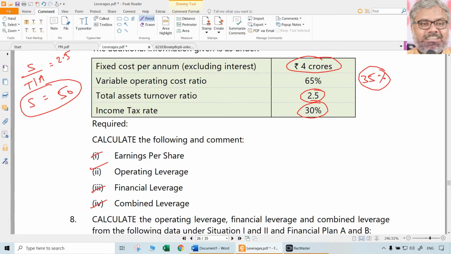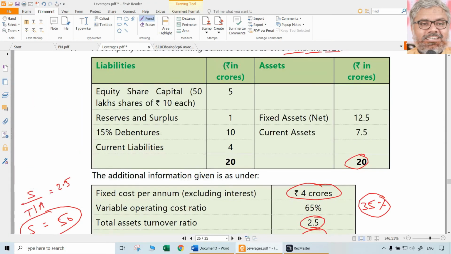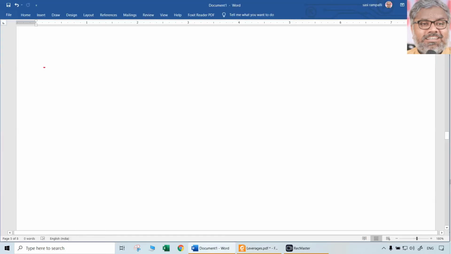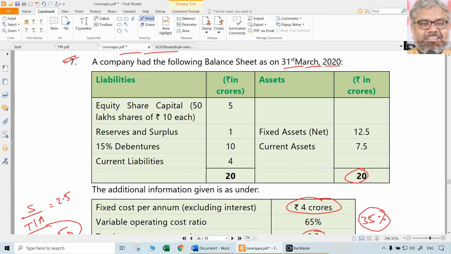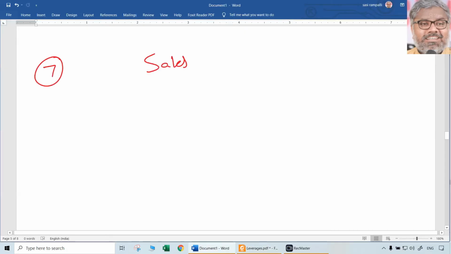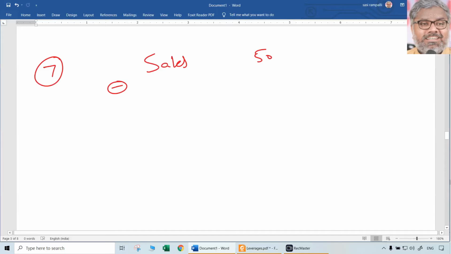Simple. First thing first, let us find out EPS. For that purpose, for getting full marks, it is better to use the full-fledged statement format, starting with sales. How to get sales? We already got it, and that has to be shown in working notes, which is now 50 crores, all in crores. Now variable cost is 65% of it, so 50 multiplied by 65% means 32.5 crores.